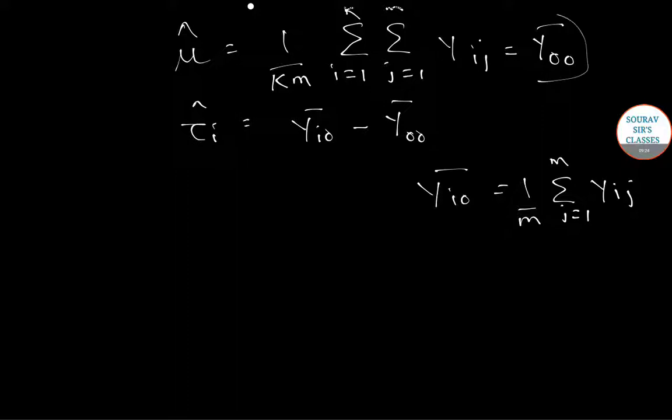This y double naught bar is called the grand sample mean, and yi naught bar is called the mean of the ith factor level.